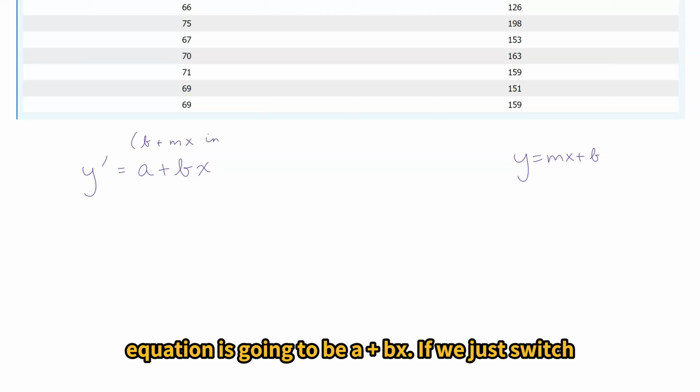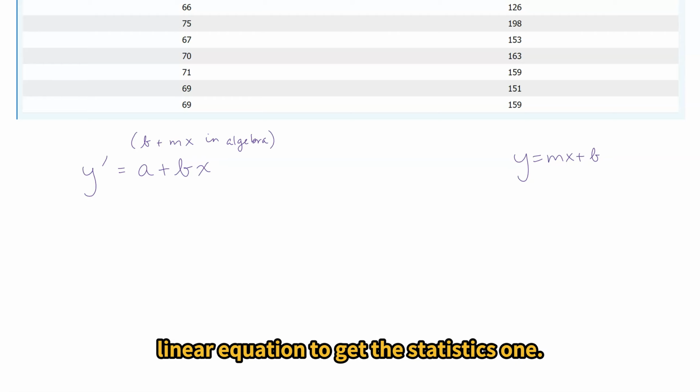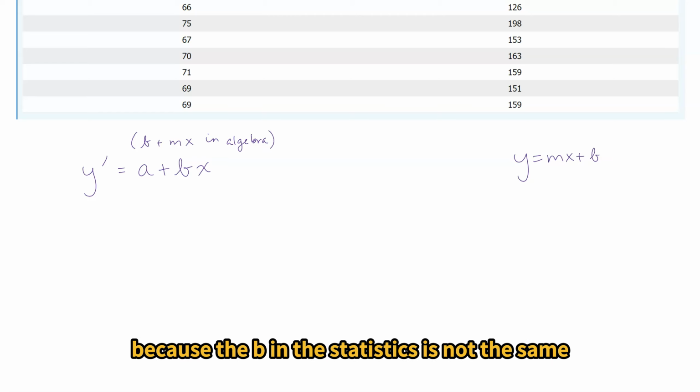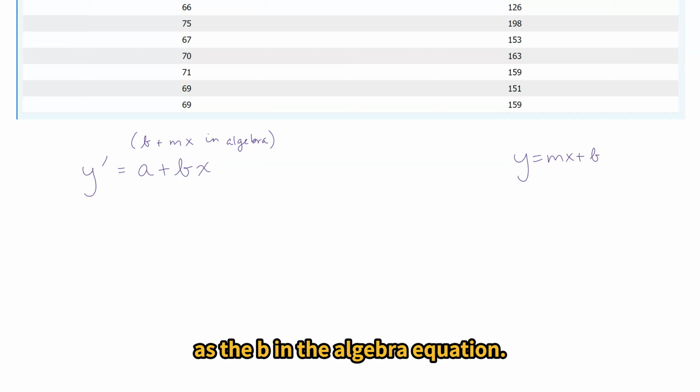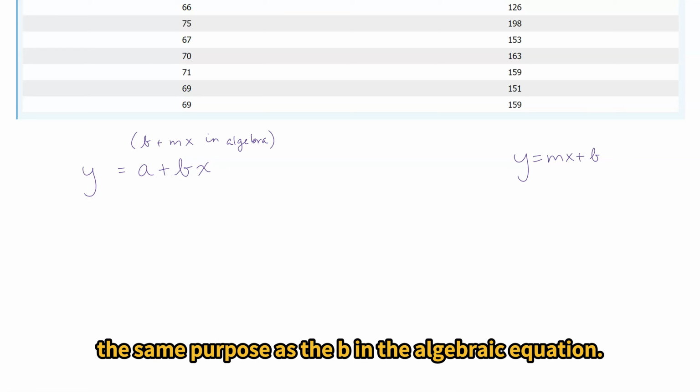If we just switch the two terms in our algebraic linear equation to get the statistics one, we do need to be really careful because the b in the statistics is not the same as the b in the algebra equation. The b in the statistics equation does not serve the same purpose.